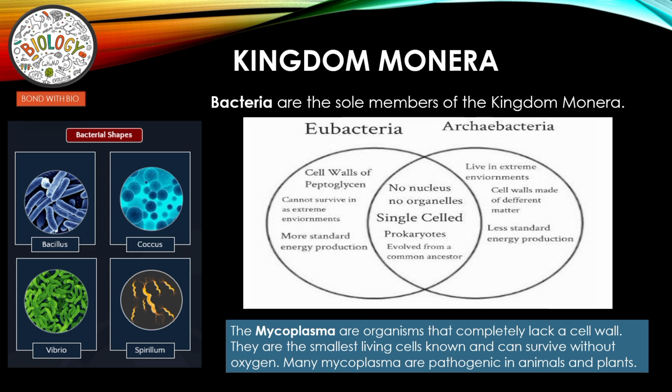In the case of eubacteria, they cannot survive in extreme environments, unlike archaebacteria, and they produce a more standard energy compared to archaebacteria. Archaebacteria produce a lesser amount of standard energy.